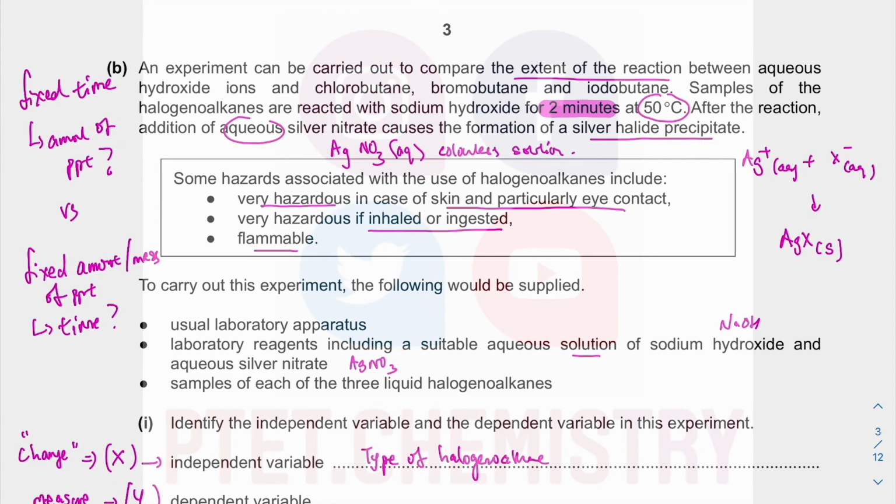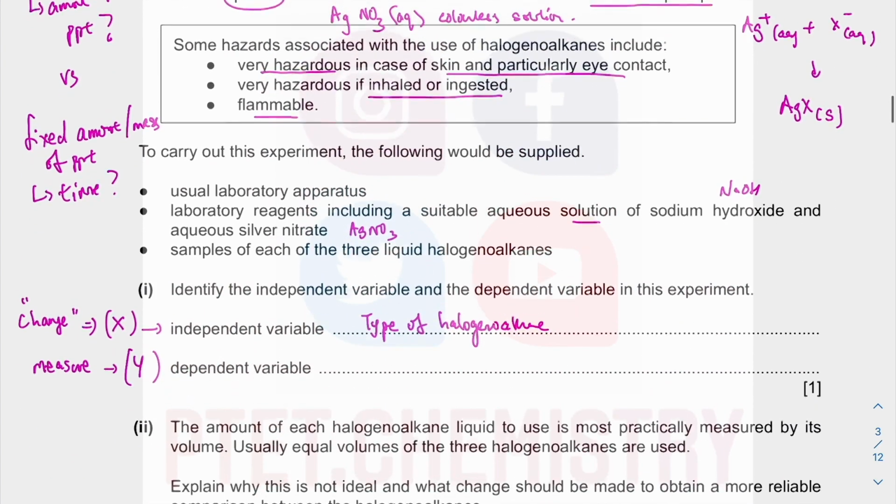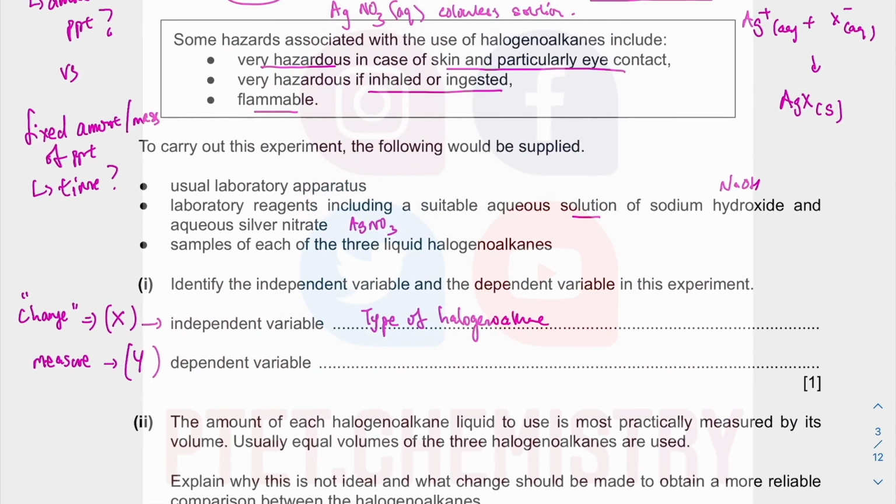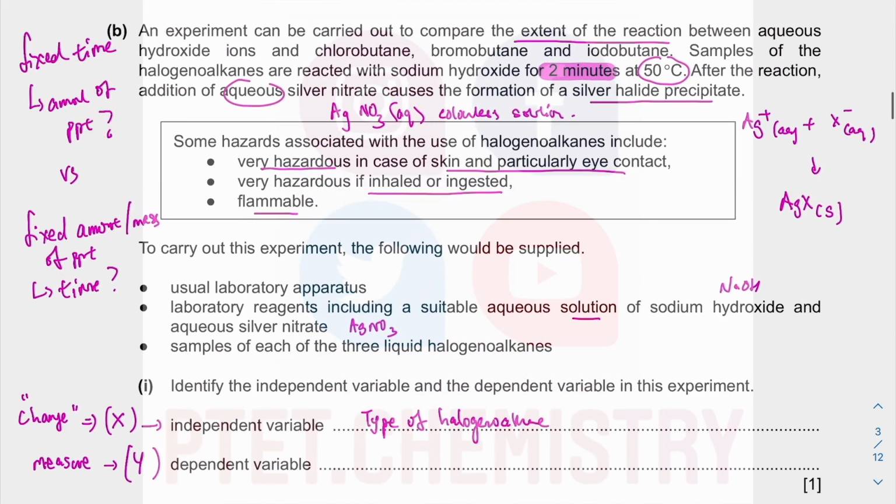You can filter it off and work out the mass, right? I think in this experiment we are going for the second one, so this is the mass or amount of the precipitate, which is the silver halide formed after a fixed time. Alright?